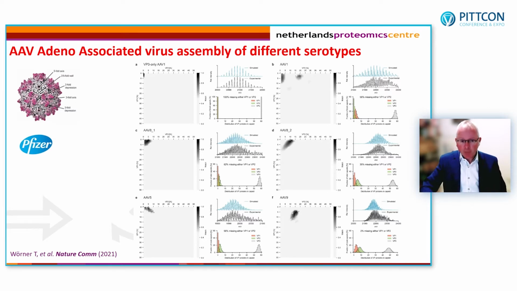So here I have a very complicated slide, but it's actually showing AAV particles from 6 different batches, sometimes also of 6 different serotypes. And without going into much detail, the take-home message is that all these particles have a different distribution of VP1, VP2, VP3, and sometimes they are really hugely different, like the bottom 2, where on the left there's very low amounts of VP1 and VP2, and on the right there's relatively high amounts of VP2, VP3.